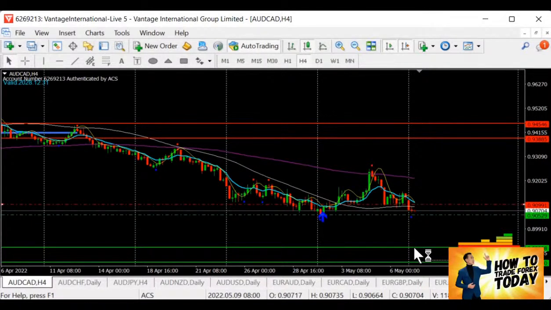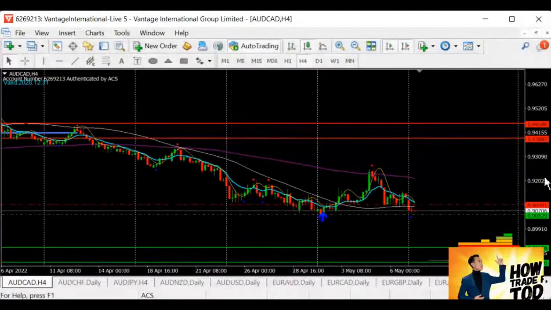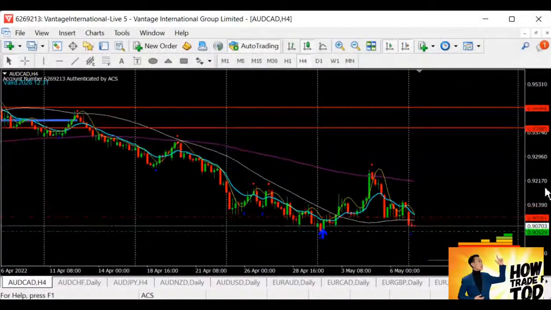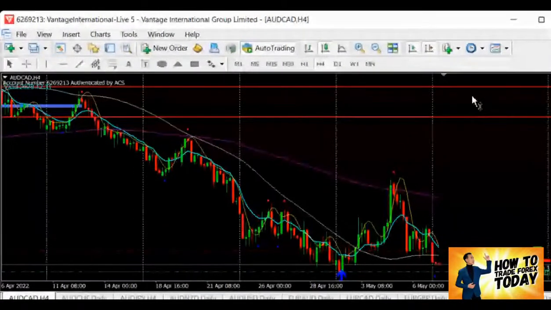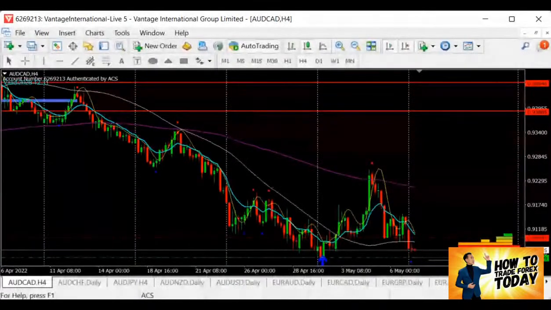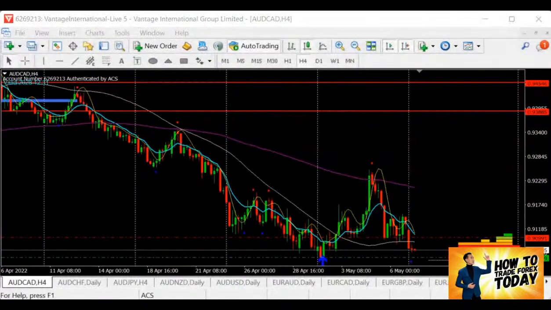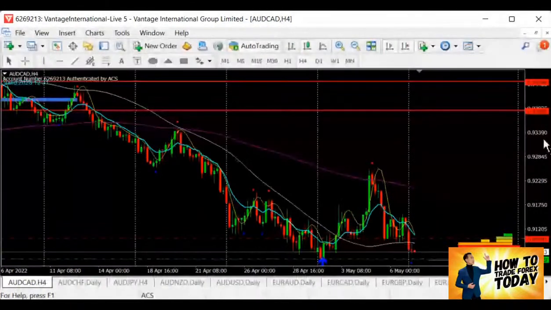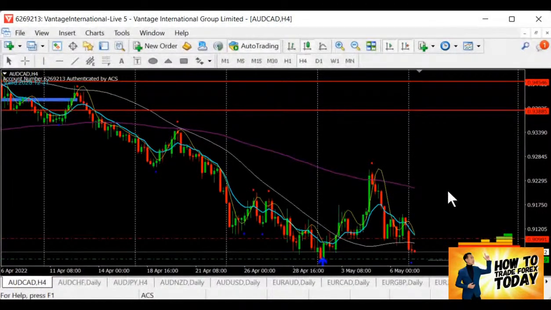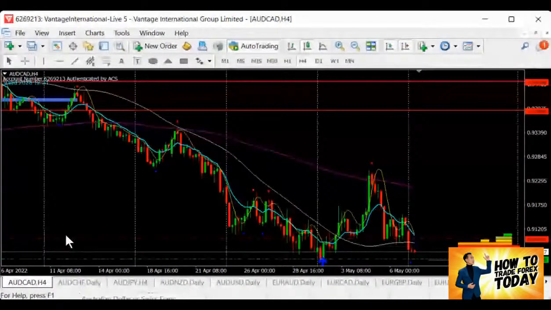So over here, this is great. I'm going to put Aussie CAD into my watch list to sell, so just pay attention to this, as it is a very good and potential currency pair to sell.